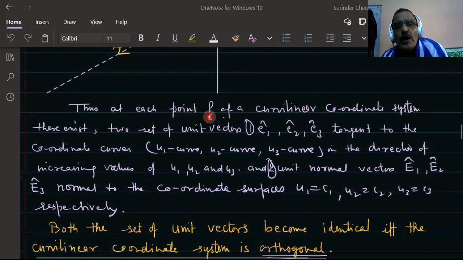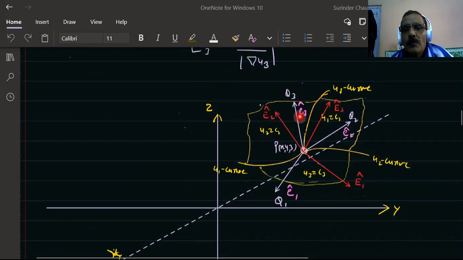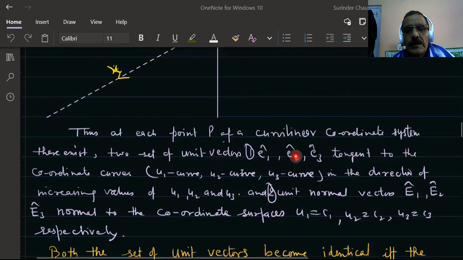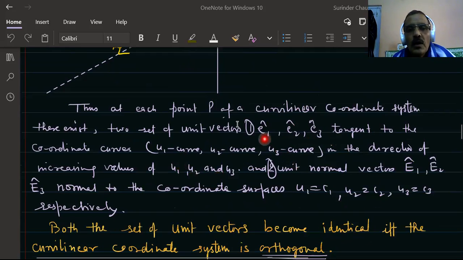Thus, at each point P of the curvilinear coordinate system, there exist two sets of unit vectors. One is the small e1, e2, e3 and the other is the capital E1, E2, E3. Which are those two sets of unit vectors?